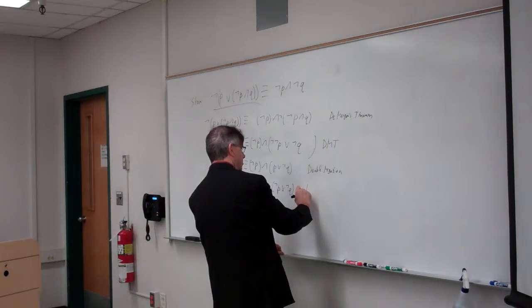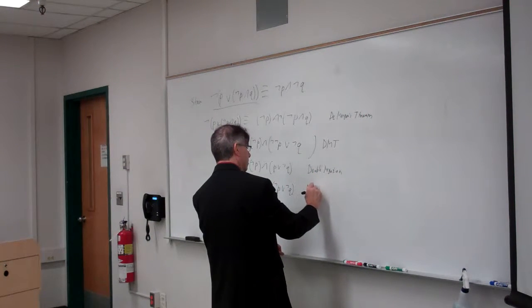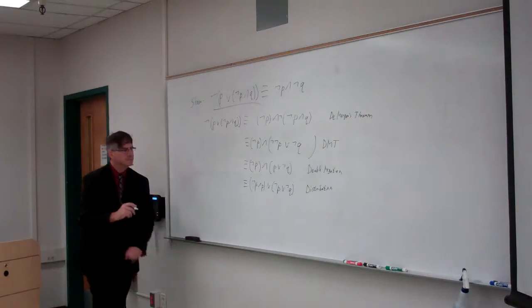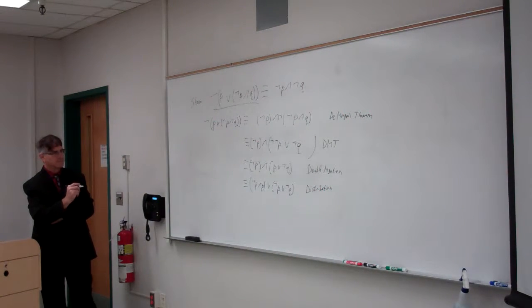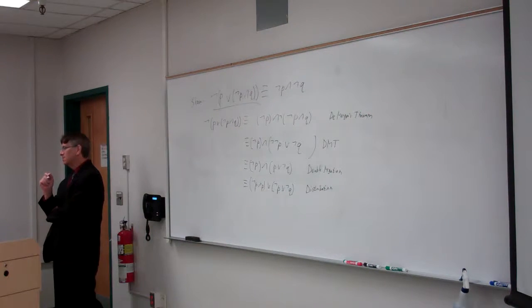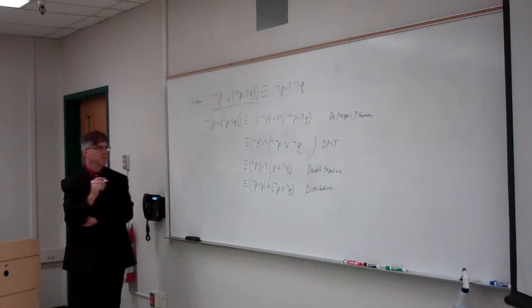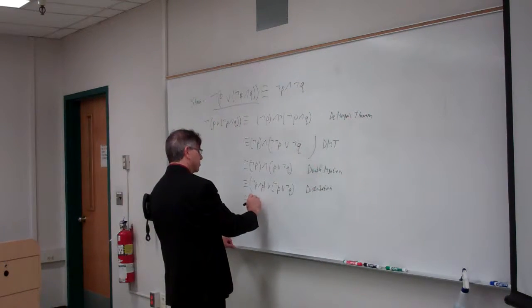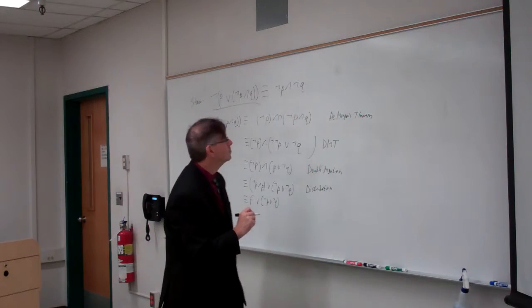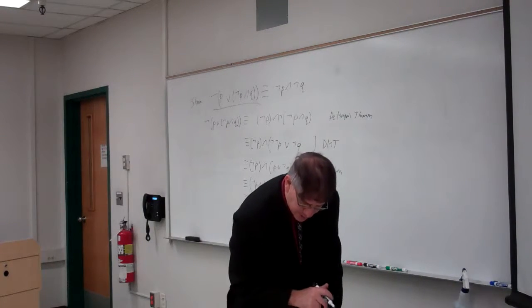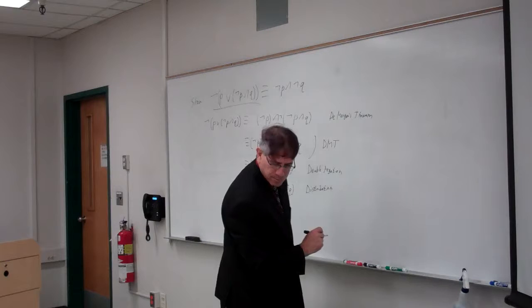So that's distribution. And not P anded with P is always false. So this is false, ORed with not P or not Q. And that's P and not P, that's negation.